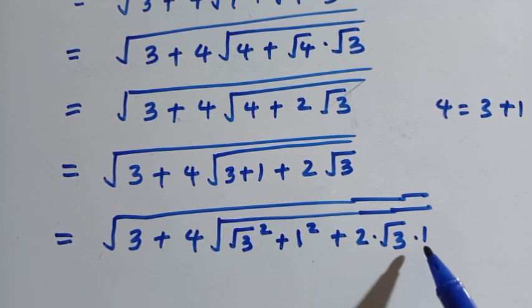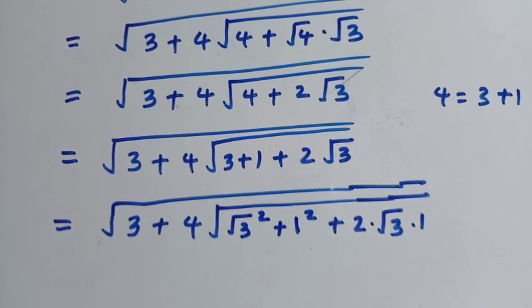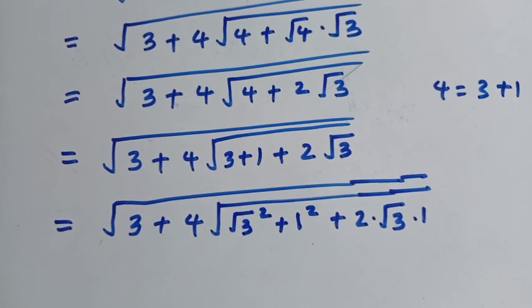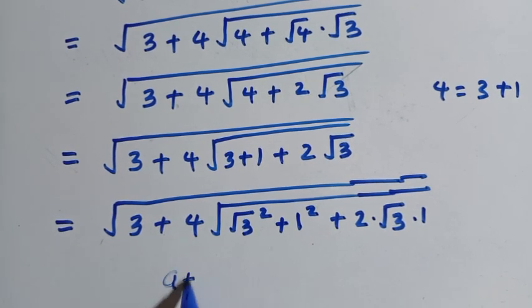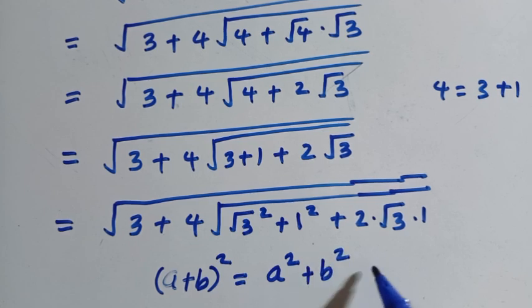So I just use this one, and note that suppose we have a plus b squared, this equals a squared plus b squared plus 2ab.